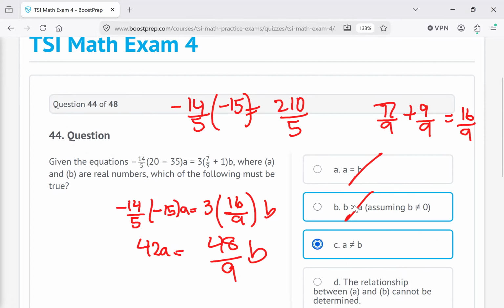Yeah, I don't think they can be the same. So yeah, I'll try that one.